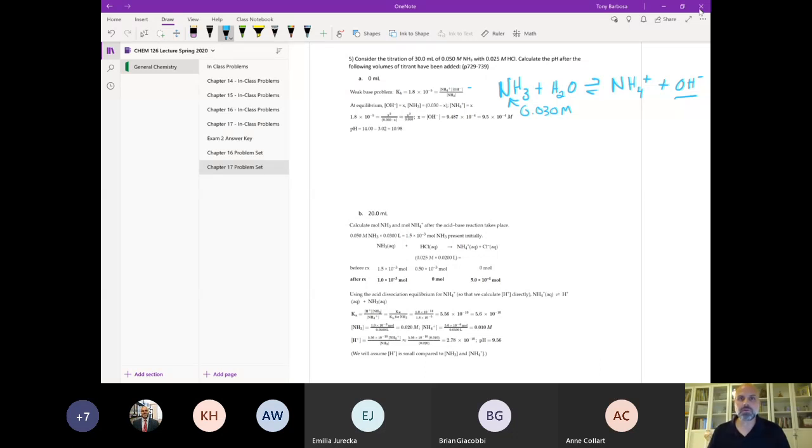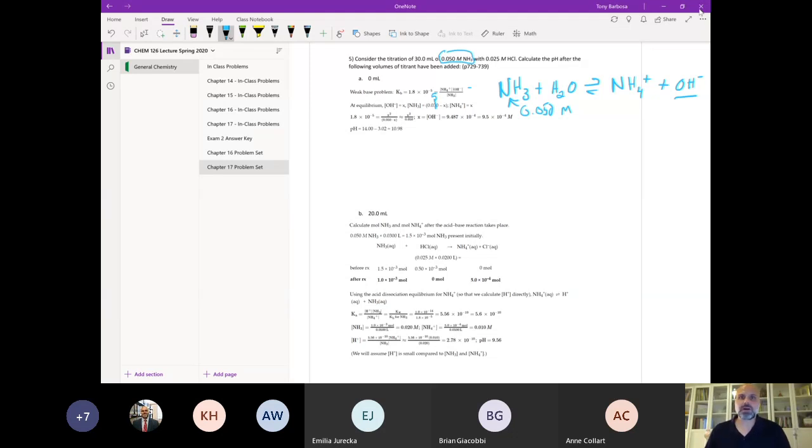I'm sorry, not 0.03, 0.05 molar. So this number here is actually incorrect. This should be 0.05. There should be a 5 there. 0.05 molar solution, because that's what we have here.